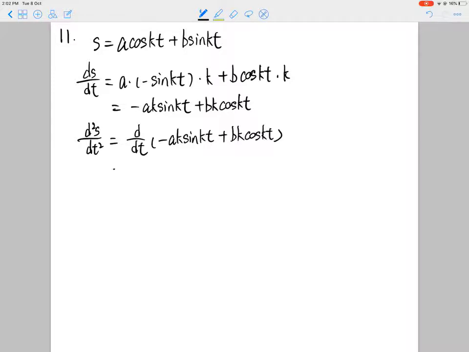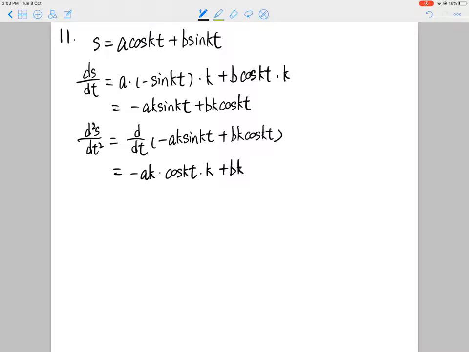Right. So let's do it again. Sine something, right? The derivative is negative ak, sine something, the derivative is cosine, then t's coefficient k, right? It is k. Plus this part bk.